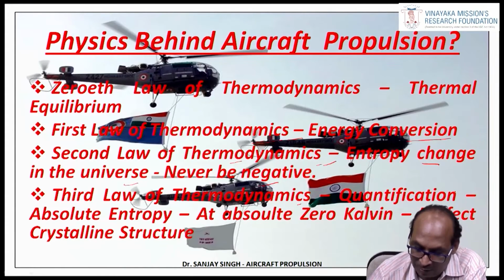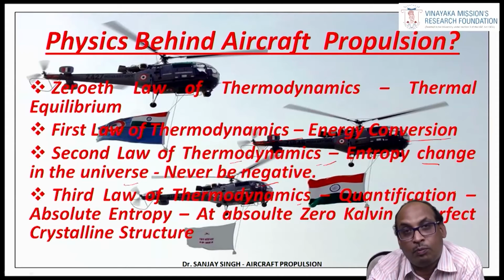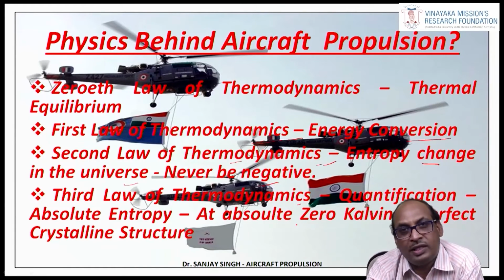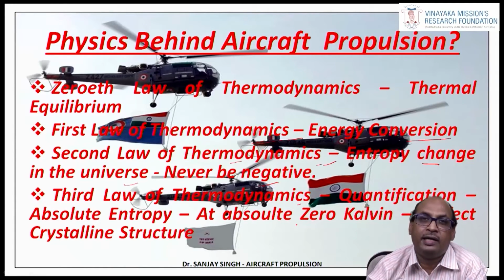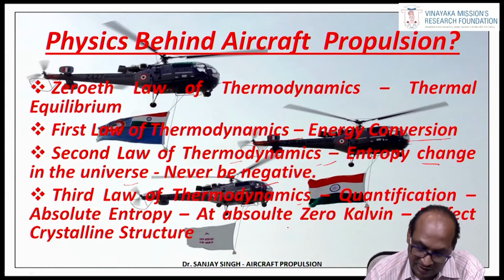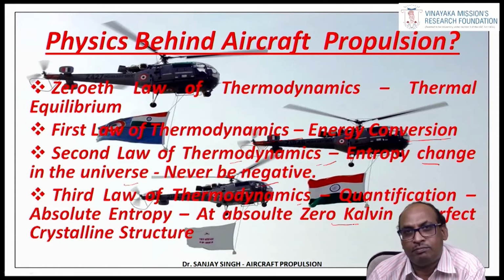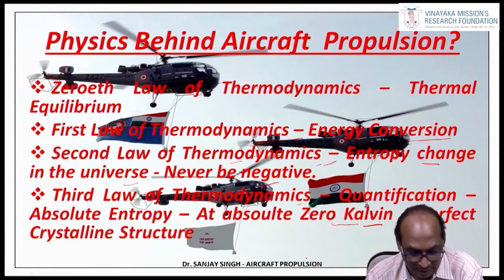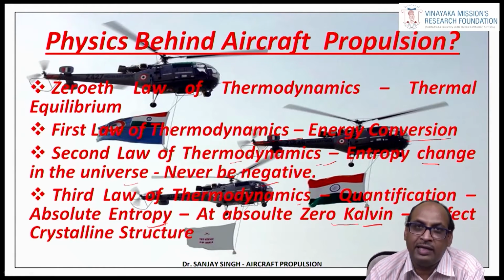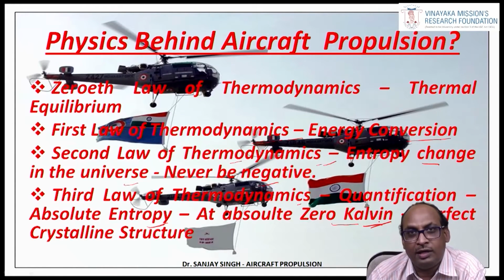That is discussing the quantification of absolute entropy. What it is saying is that if a crystalline structure is there, and we know a crystalline structure is an ordered structure, then at absolute 0 Kelvin it is theoretically stated that there will be absolute zero entropy.